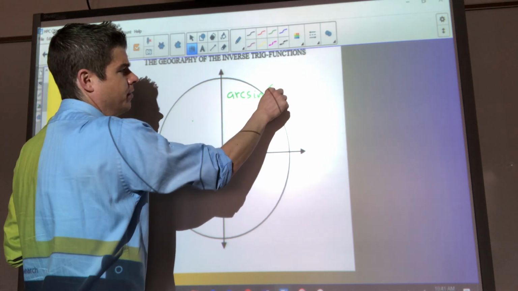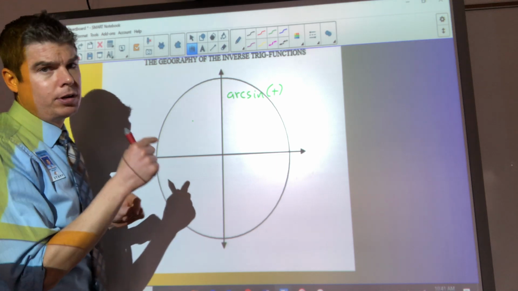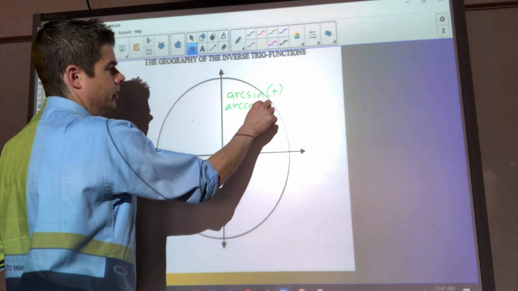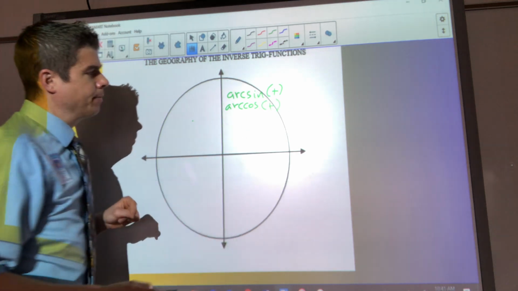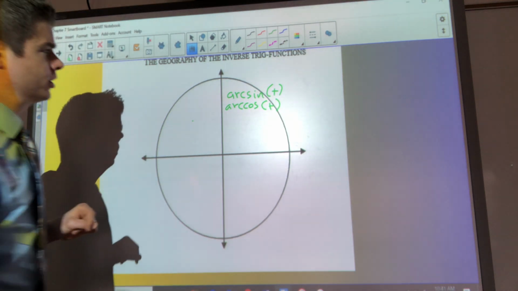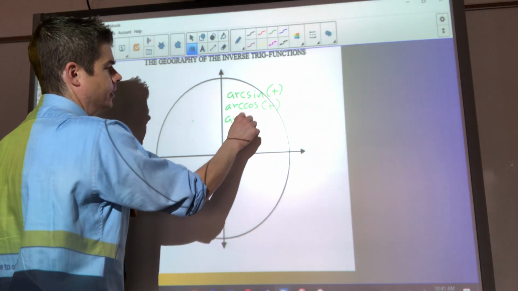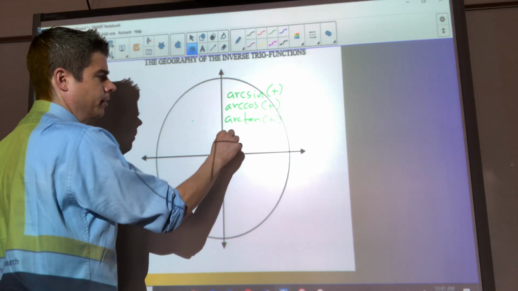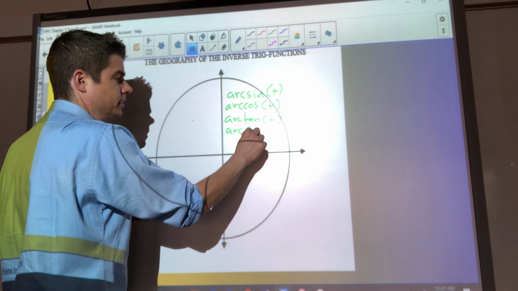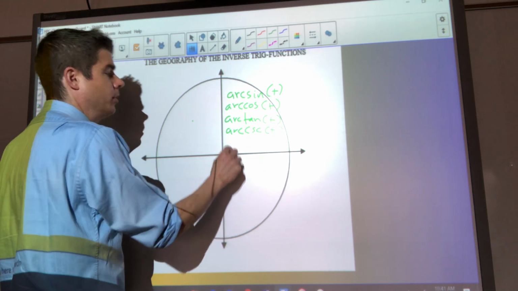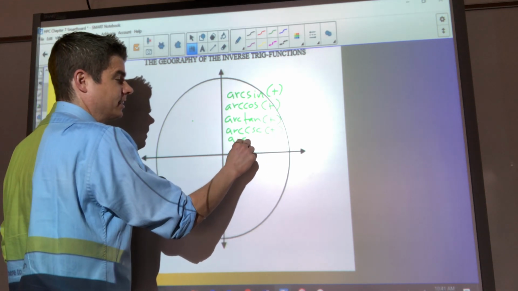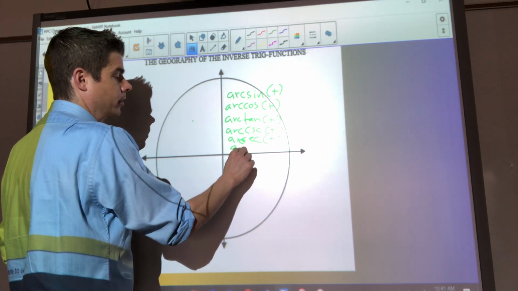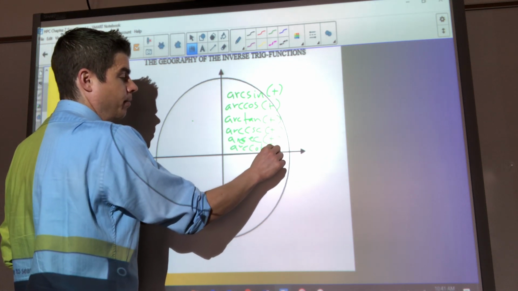Arc sine, if it's a positive ratio, you're going to put into quadrant 1. If it's a cosine, arc cosine of a positive ratio, you'll put it in quadrant 1. Arc tangent of a positive ratio, put it in quadrant 1. Arc cosecant of a positive ratio, arc secant, my letters there, arc secant of a positive, and arc cotangent of a positive.